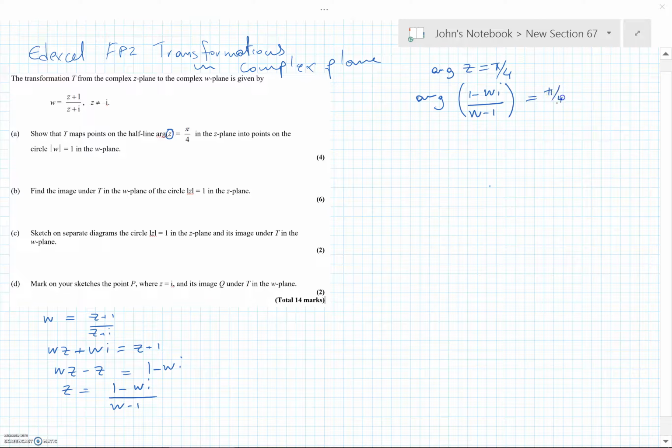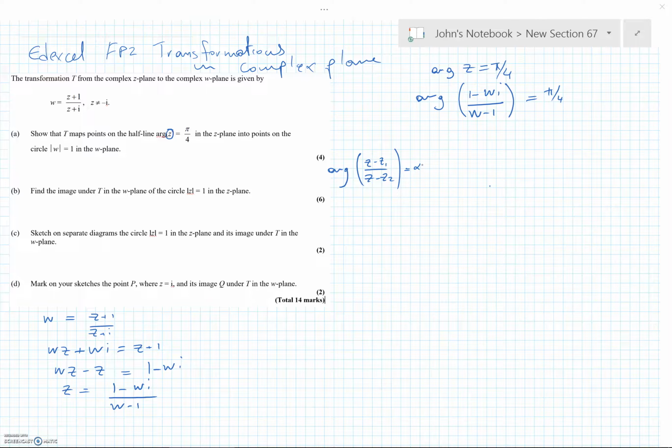Here might look a bit unpromising because you don't really know what to do with this top bit with the wi, but we do know this property: the argument of (z minus z1) over (z minus z2) equals alpha actually gives us a circle. So we do know that.